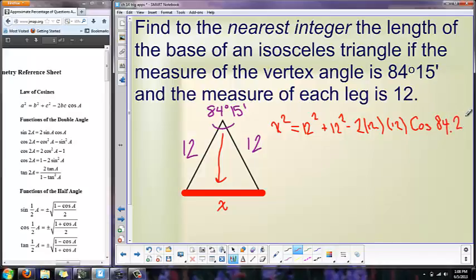You can do it either way because you're going to type this thing into your calculator, but personally I just like degrees better, so I switched it, but you don't have to.